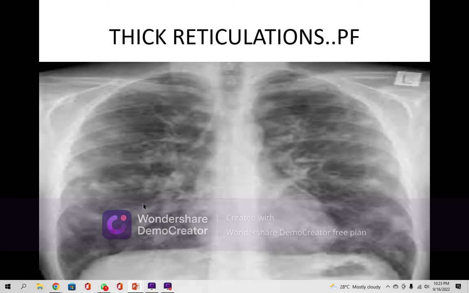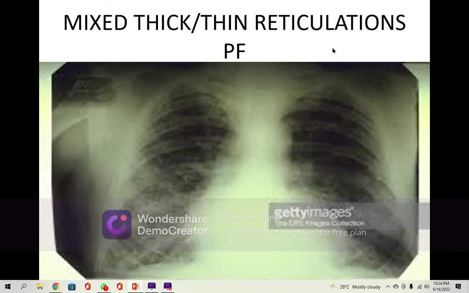Thick reticulation, very thick. Look at the reticulations, all reticulations. Again the case of pulmonary fibrosis, idiopathic pulmonary fibrosis. Now mixed thick and thin reticulations are seen, both thin as well as thick. Some are thin, some are thick.